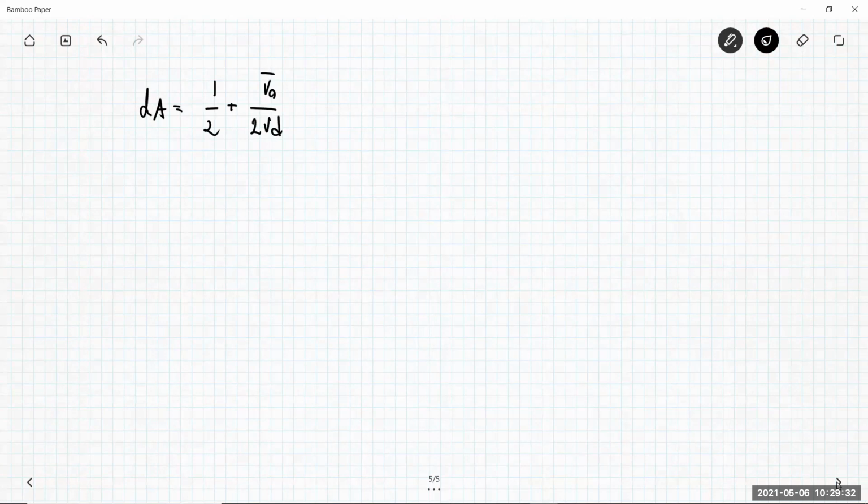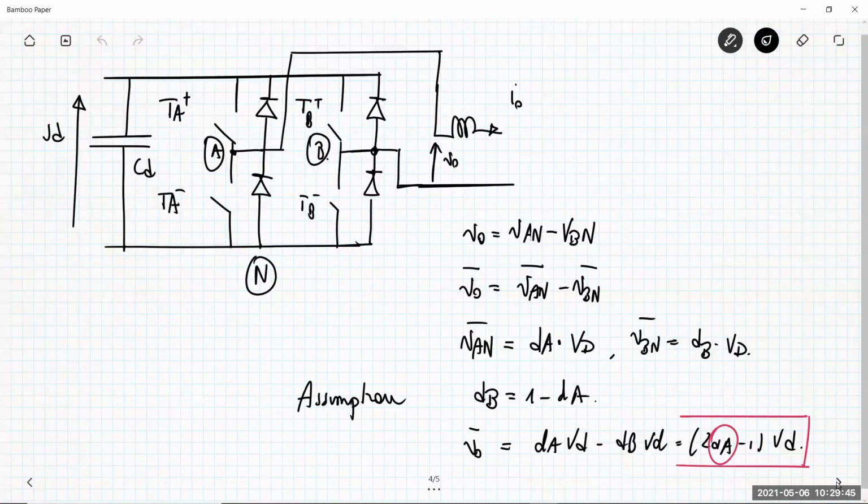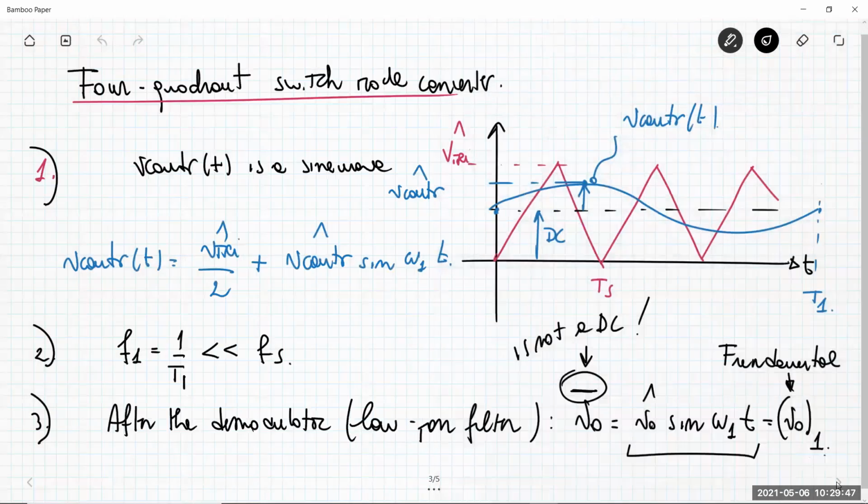And now suppose that we are operating the pulse width modulator of this four-quadrant converter in its linear operating mode. Remember what the linear operating mode is. Basically, if you have this control voltage, we have an amplitude modulation factor, which is basically 2 times the control voltage peak, so this is the peak to peak.